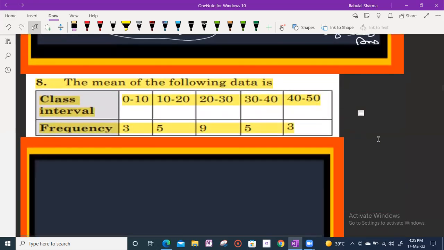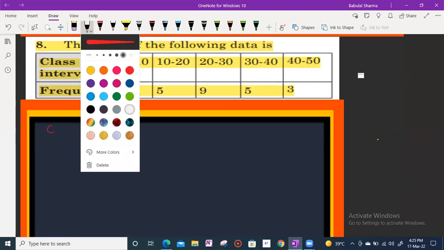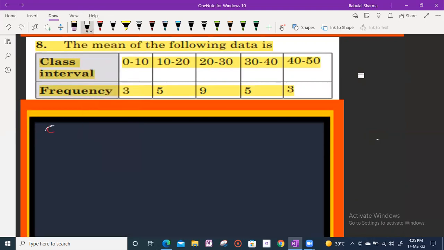The same question is here. Question number 8 says, what is the mean of the following data? So right here, first the same table. We will do this very slowly so that you understand.